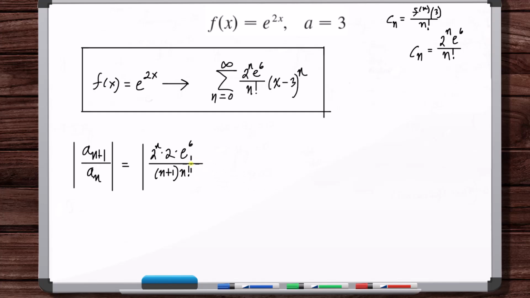And then we've also got the x minus 3 to the n plus 1 over x minus 3 to the n. Then we've got 2 to the n e to the 6.